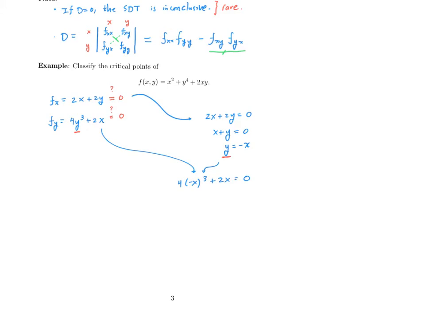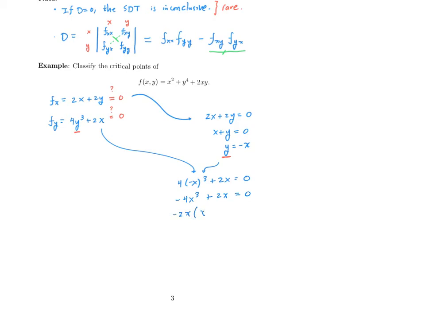And note the power of this is that once we've solved for y in terms of x, and we substitute that into the second equation, we now have an equation involving only one variable, which is much more familiar for us to work with. So if we go ahead and just expand things out a bit, we would have minus 4x cubed, because a minus cubed is still negative, plus 2x equals 0. So both terms contain a 2 and an x, and I'll go ahead and pull the minus out as well.